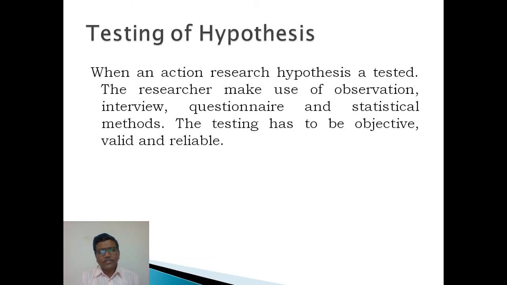When an action research hypothesis is tested, the researcher makes use of observation, interview, questionnaire, and statistical methods. The testing has to be objective, valid, and reliable. So, whatever tool you are using for testing, it should be objective, valid, and reliable.